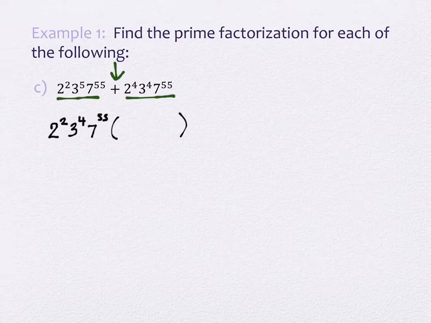But what remains are the things that they don't have, or the things that they have that don't match, I should say, separated with addition. There will always be addition in the second set of parentheses. Let's just say for instance, because I've had this happen, or maybe it's in your notes, or your homework rather, where it actually has one here that's 2 squared, 3 to the 4th, 7 to the 55th.